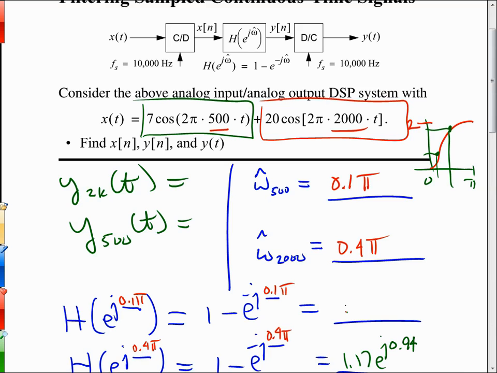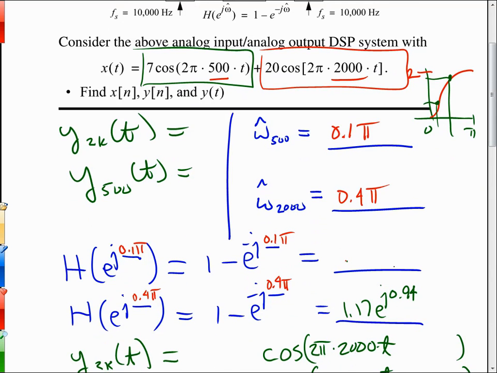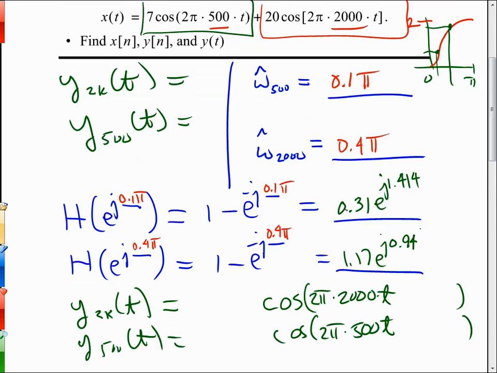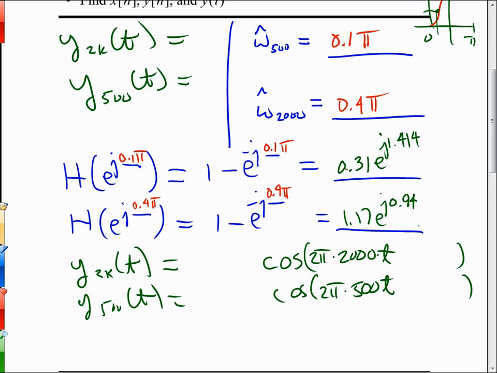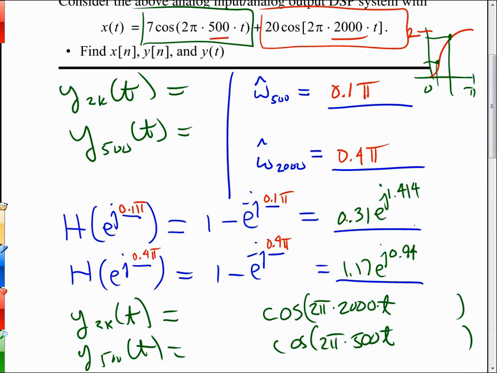Okay, so going back to the numbers you had now, it's 0.3 e to the 1.4 j. Okay. So if those numbers are true, then what do we have down below here?